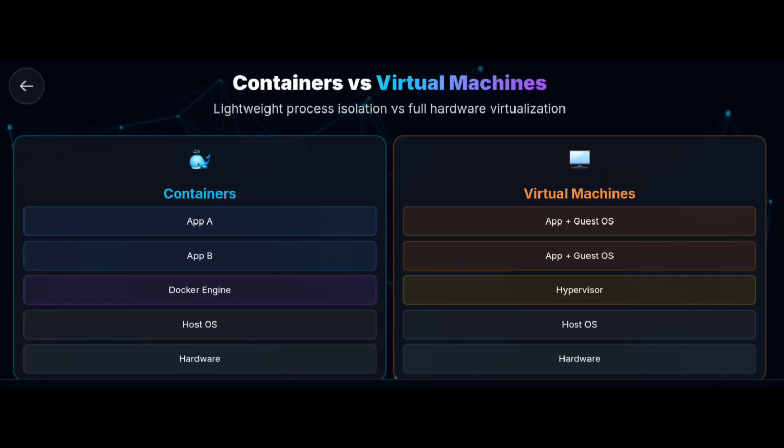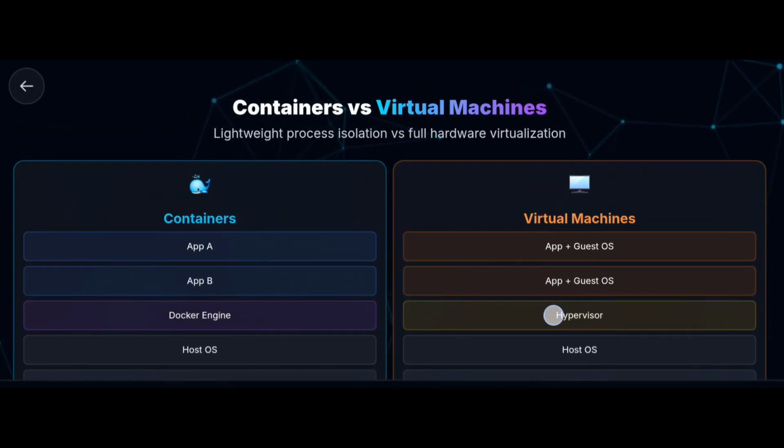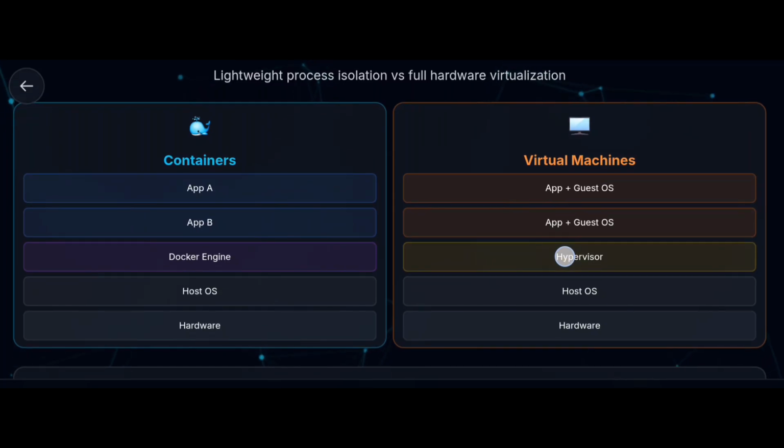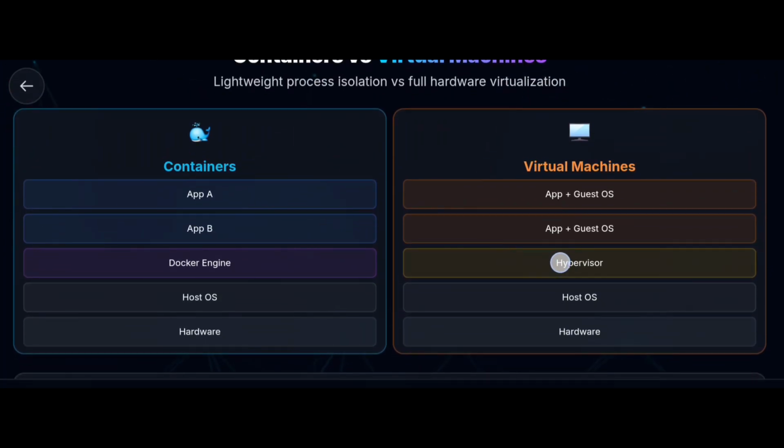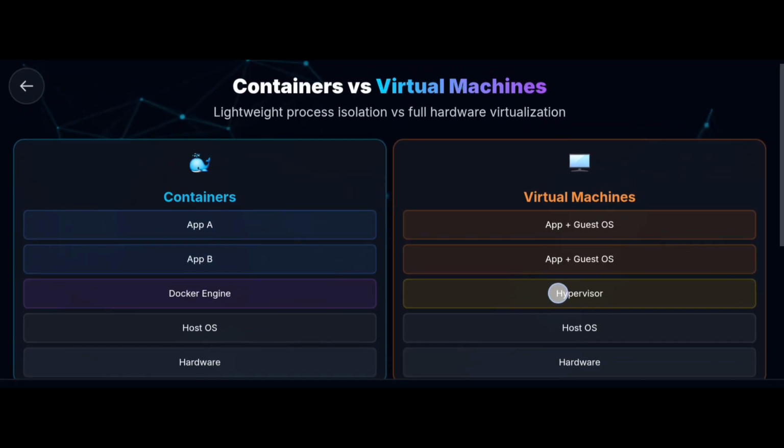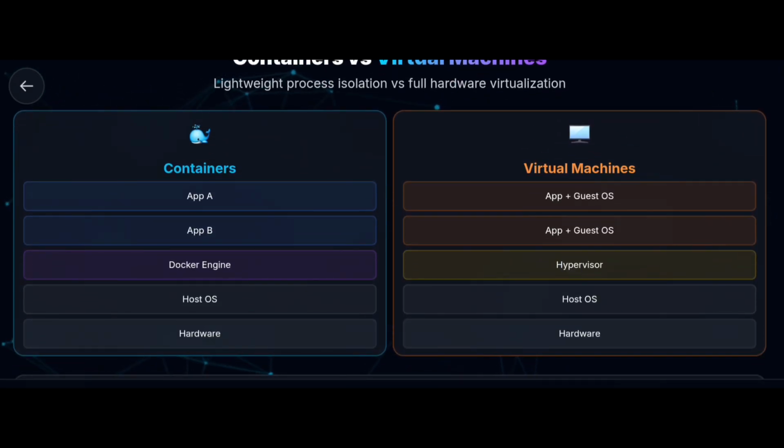And what are the differences between containers and virtual machines? Containers and virtual machines seem to be similar, but there are a lot of differences. A lightweight process isolation is a container, and full hardware virtualization is a virtual machine. Some key differences: for a container, if we have application A, a virtual machine will have the application plus a guest OS, its dedicated OS.